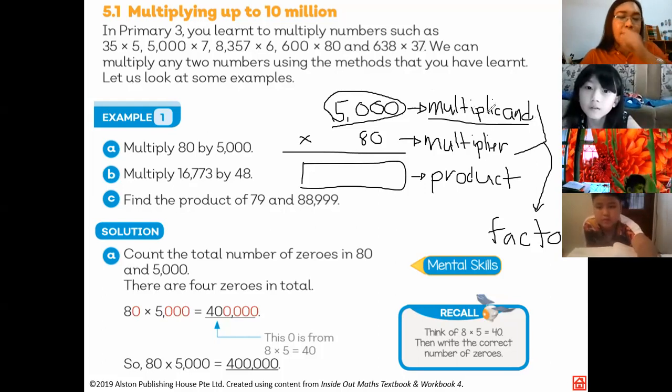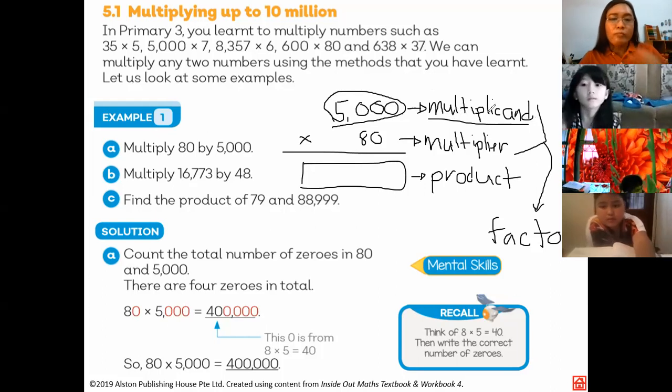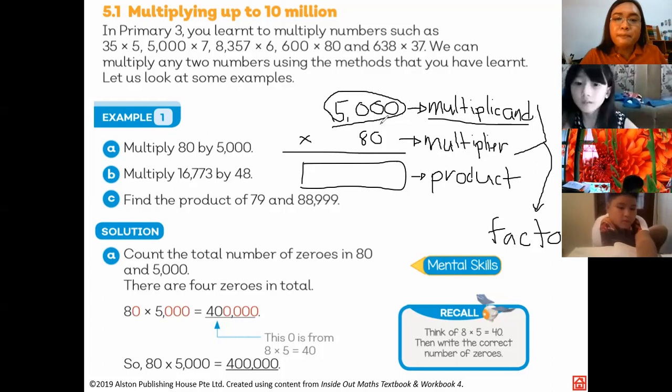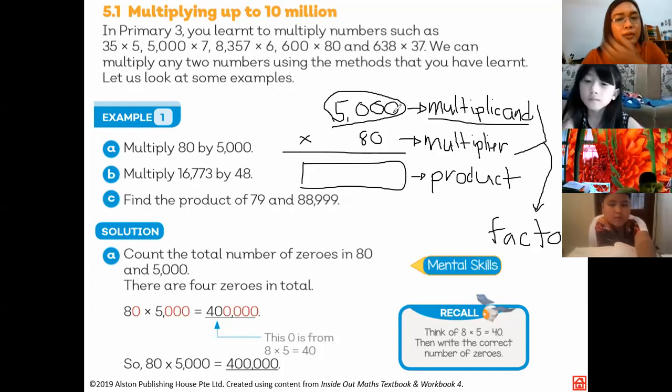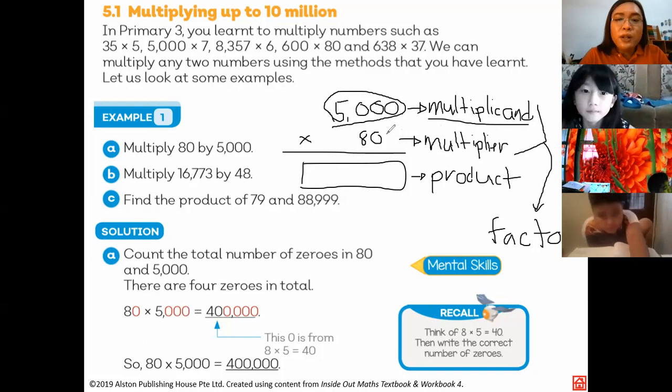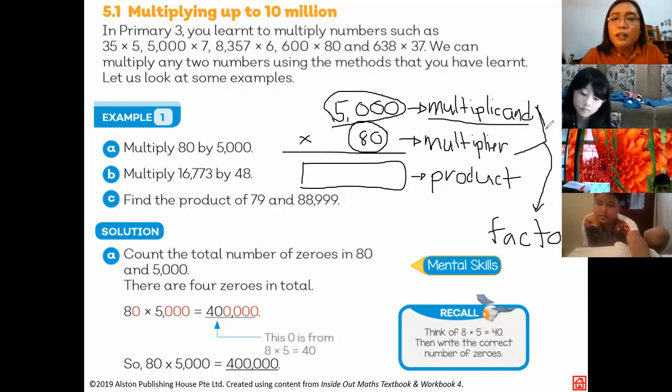Multiplicand. Again, what do you call the number at the top? Multiplicand, okay. And what do you call the number below? Multiplier. Okay. And what do you call multiplicand and multiplier?